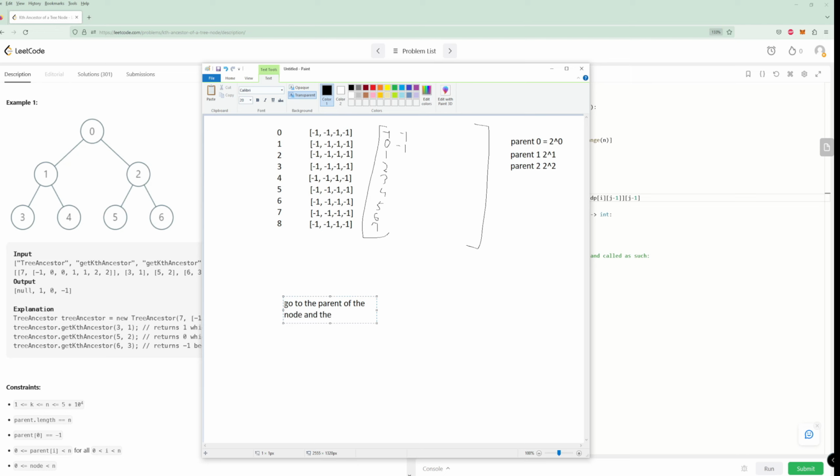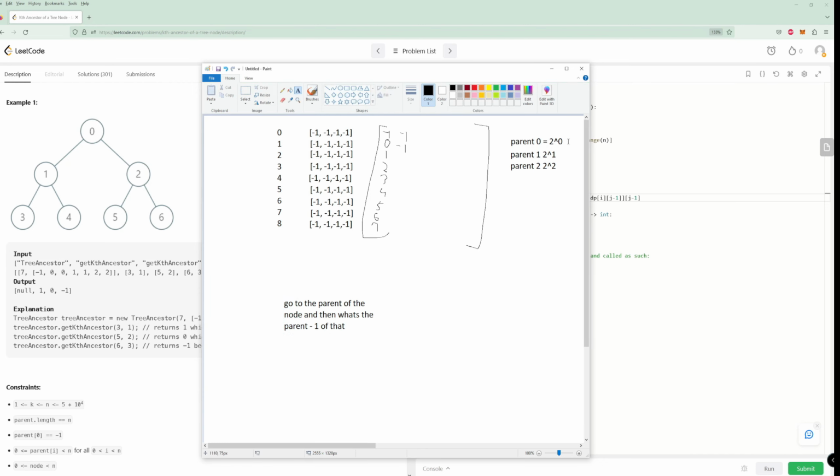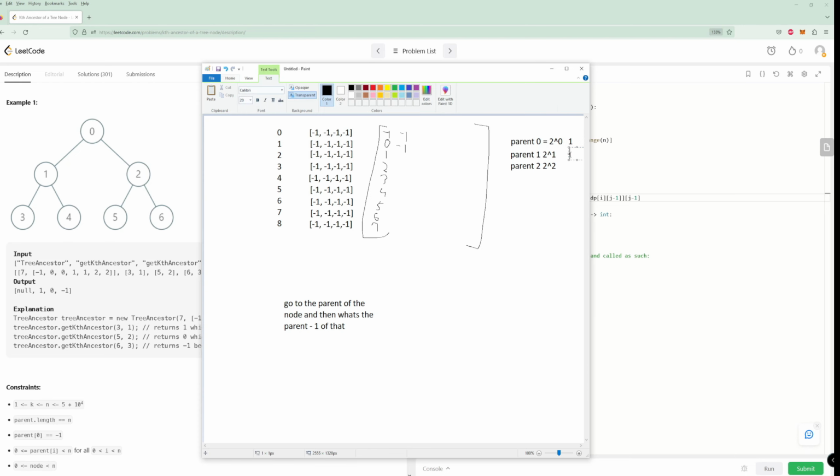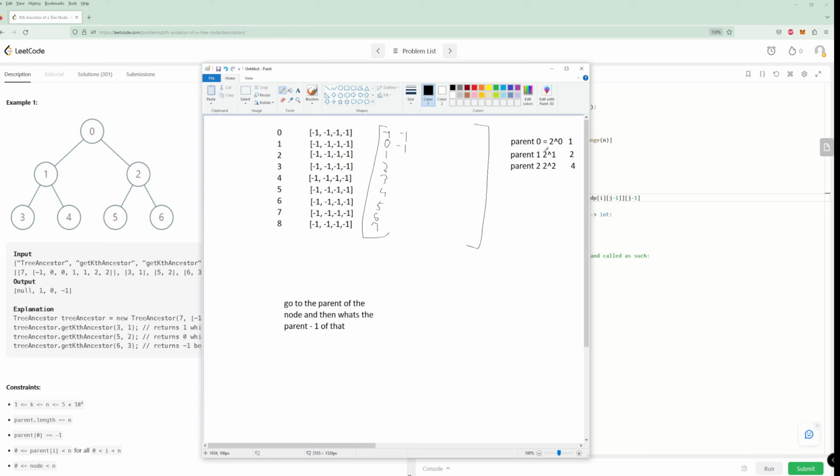and then what's the parent -1 of that? So if this equals 1, and this equals 2, and this equals 4, then we're trying to find the first parent of some node: we go to its parent, and then we go up to the previous log, which would be here.